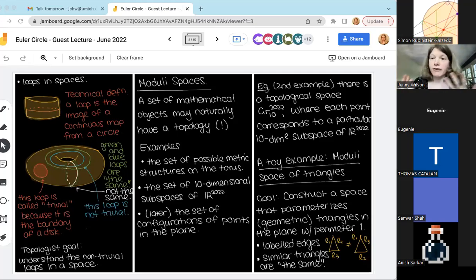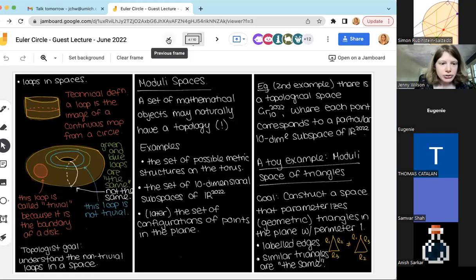And we get this more refined question of what are the homotopy classes of non-trivial loops in our space. That's a great observation, and studying these homotopy classes of loops really gets to the heart of a lot of topological features of a space. Thanks for the question.